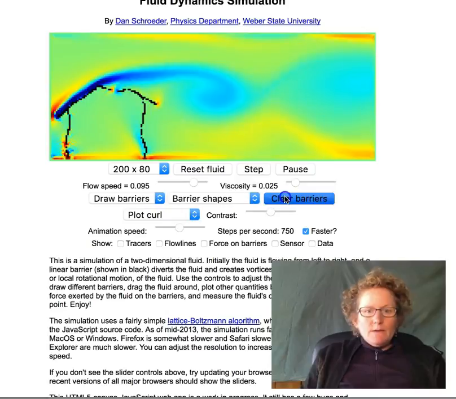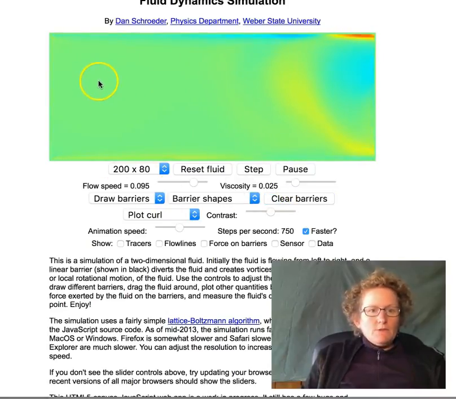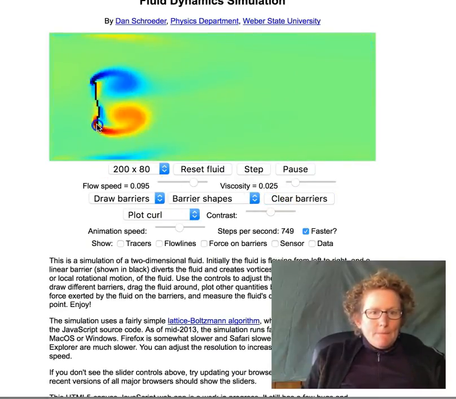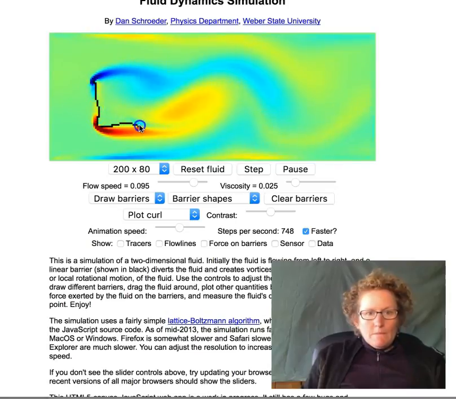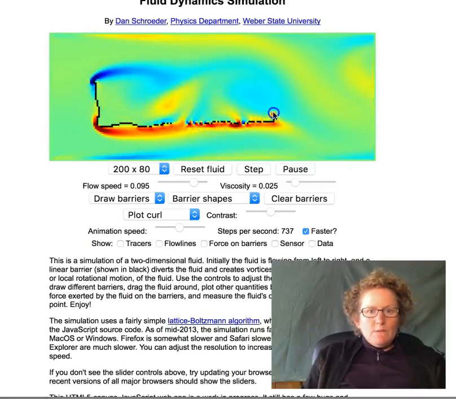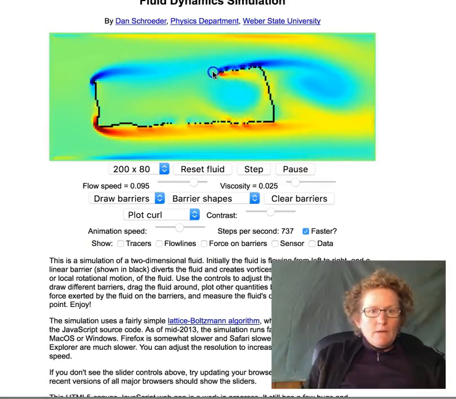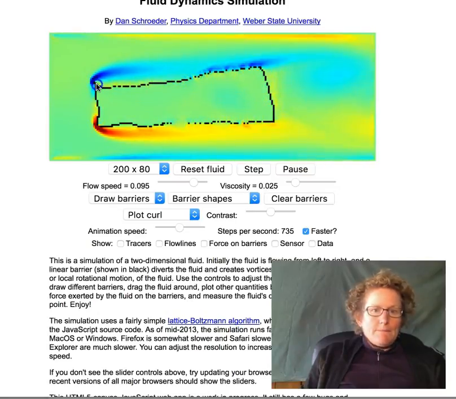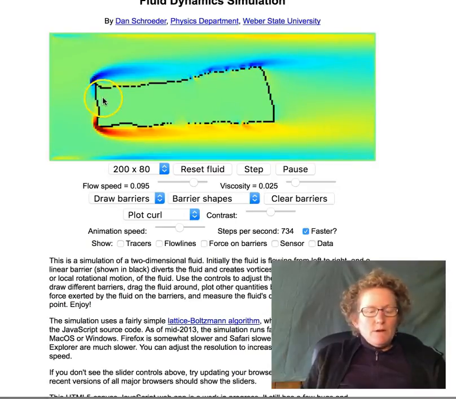Let's clear barriers here. Let's draw a semi. This is basically what a semi looks like to the air. I probably could do a little bit better job of drawing those lines. I'm sure you will.